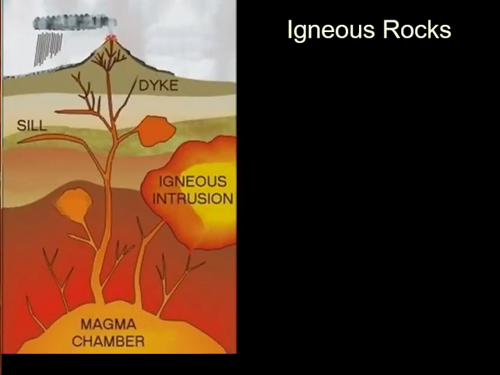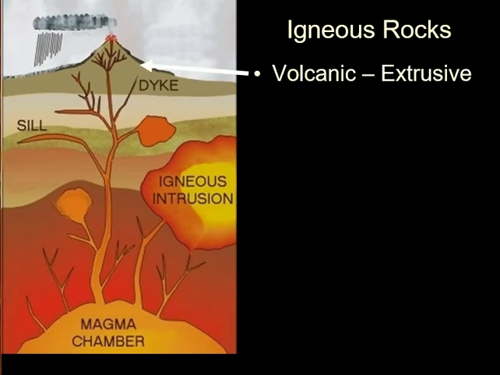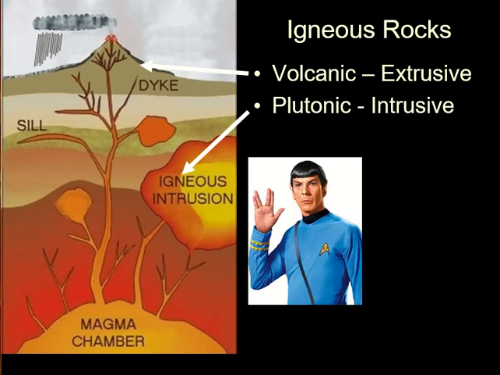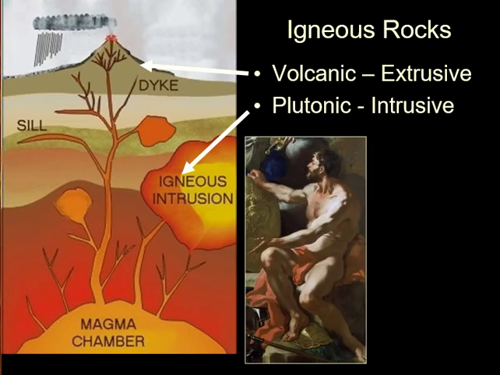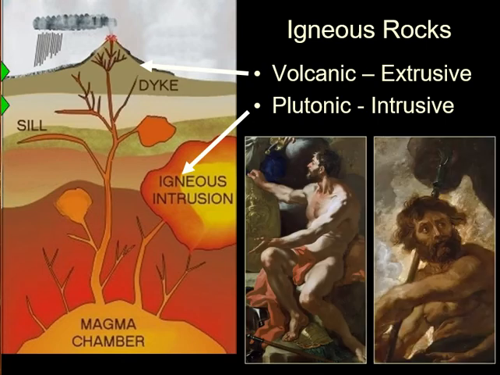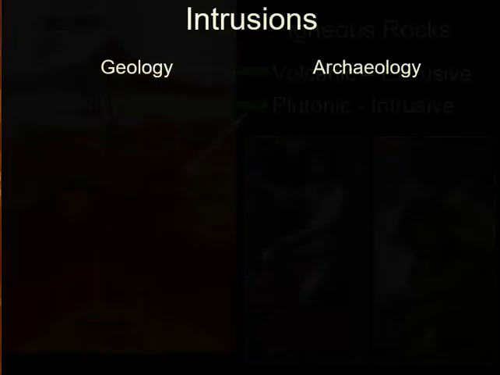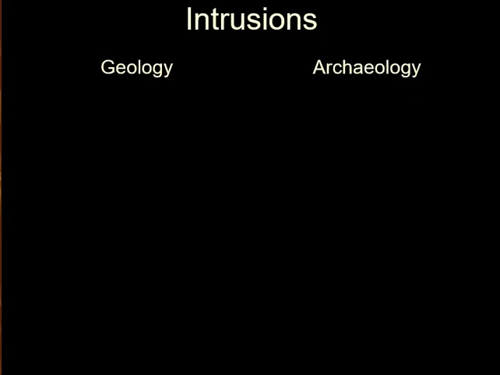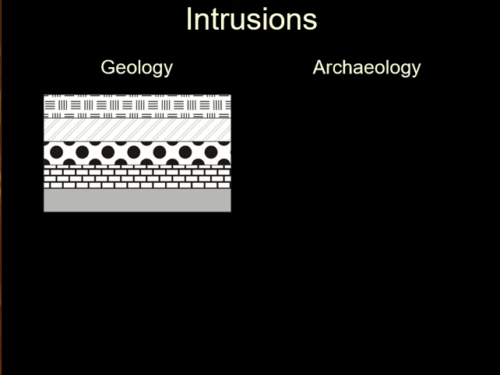So, as I've told you before, igneous rocks include volcanic and plutonic. Intrusions to archaeologists, however, are different. So, if you have a good archaeology background, you might be confused by the idea of intrusions.